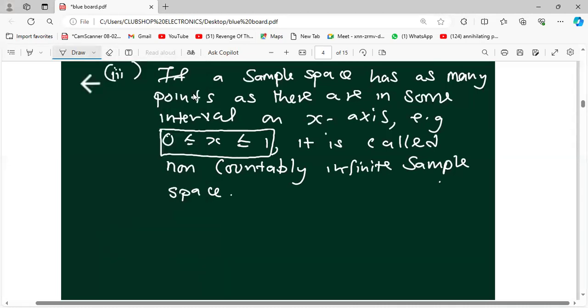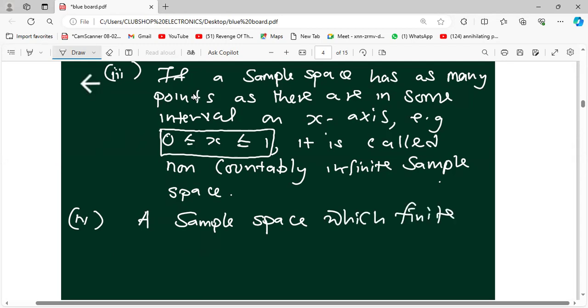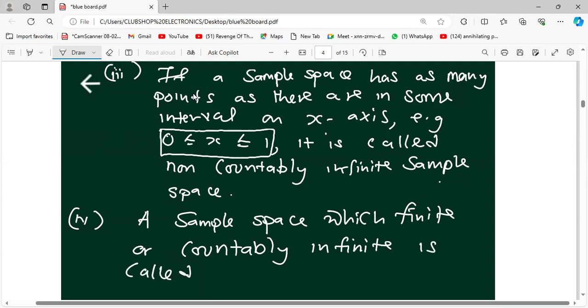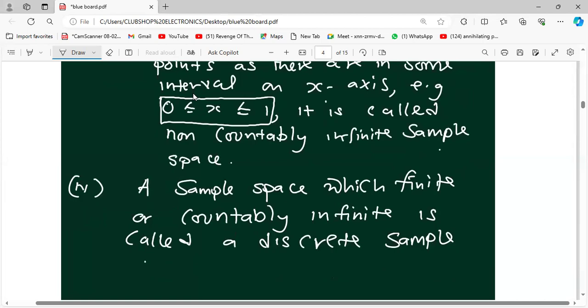Okay, what could be the fourth one? A sample space which is finite, or countably infinite, is called a discrete sample space.